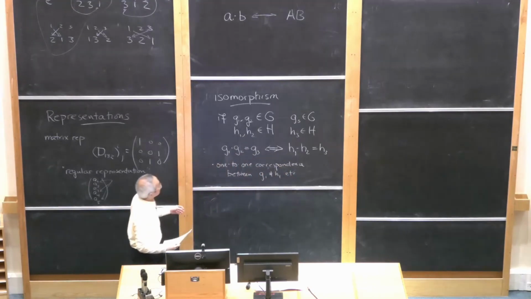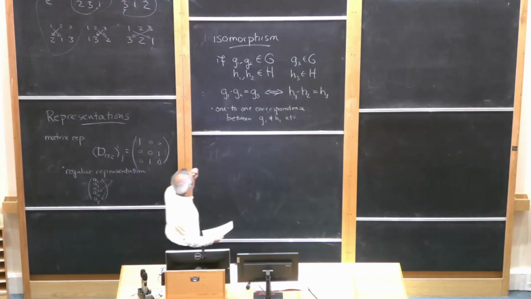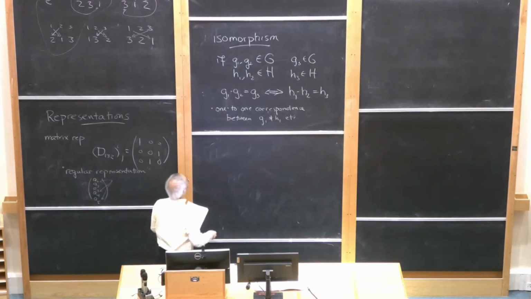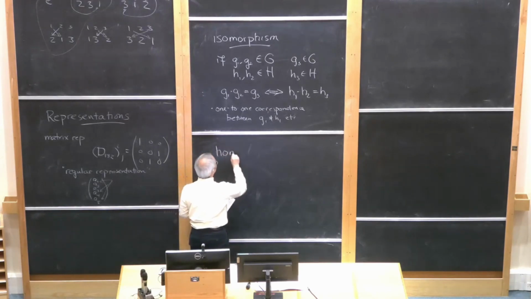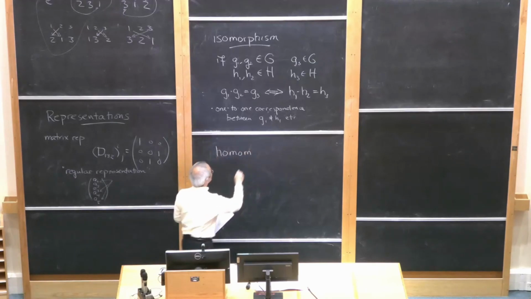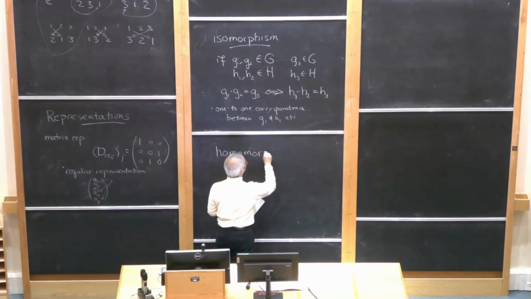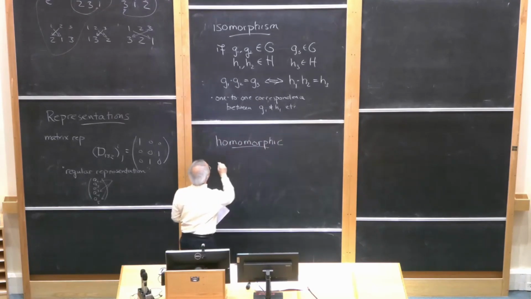So that's called an isomorphism, right? Every single element has its partner, and they all multiply in the same way. There's a more general concept, and in fact, most representations will not actually be isomorphic. They were what we would call homomorphic, which still sort of implies the same multiplication rule.